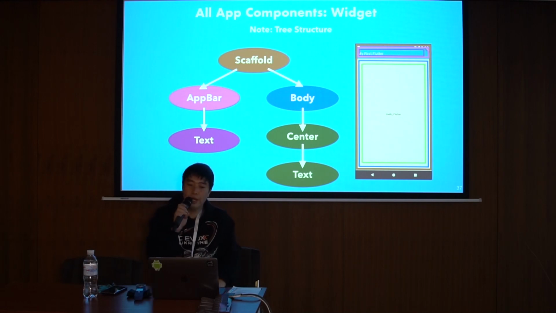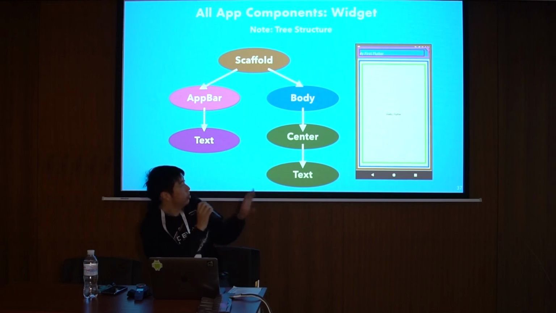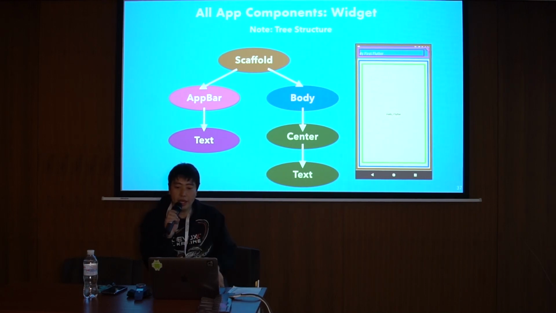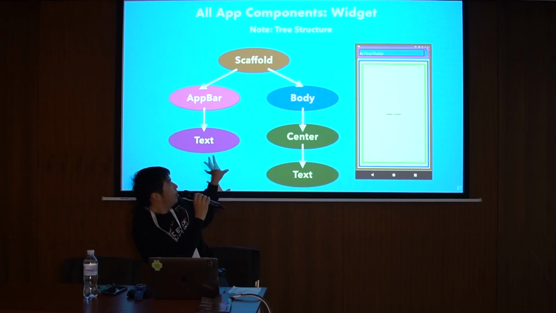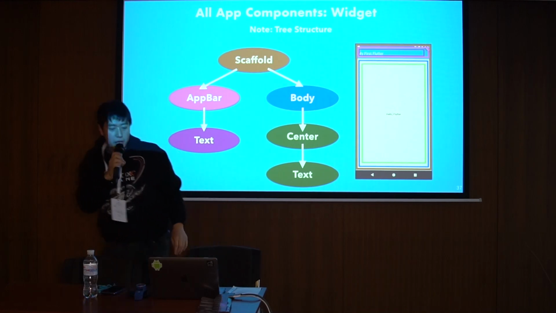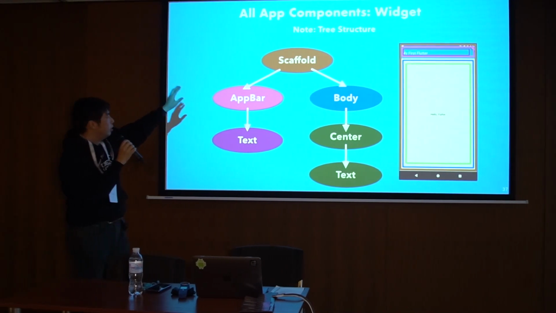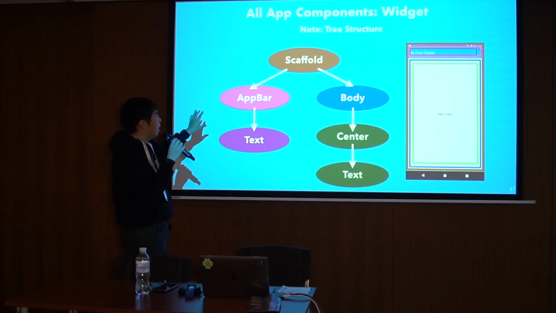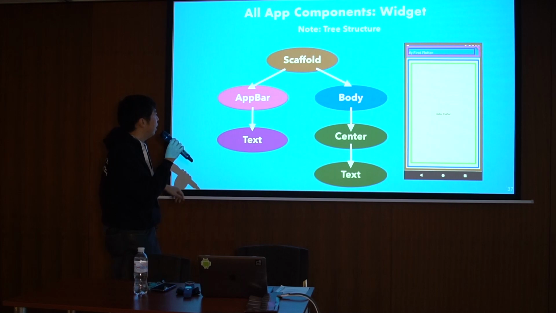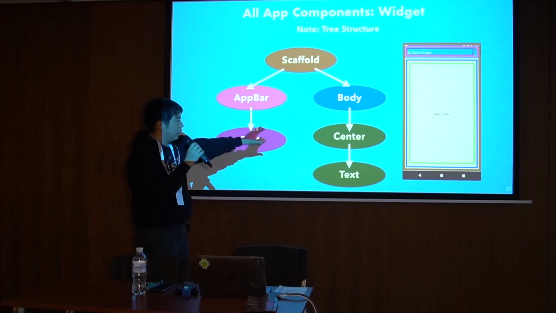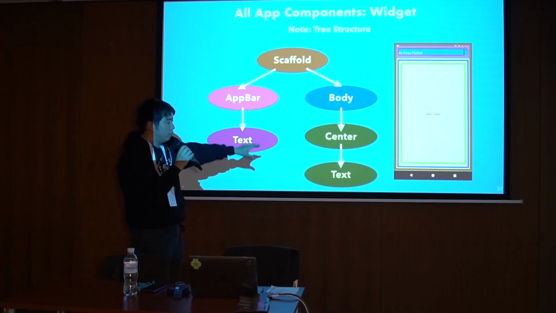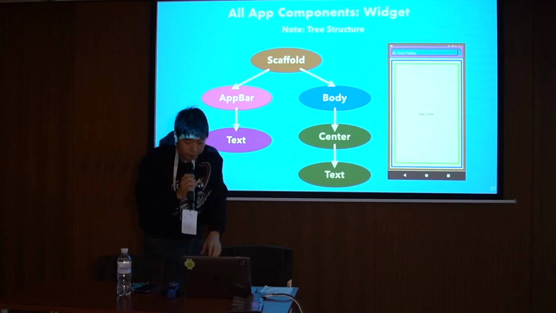All Flutter components are called widgets. When I analyze this screen, I can express it as a tree structure. Scaffold is the application template, and scaffold has an app bar and a body. The body has a center widget, and the center widget includes a text widget.